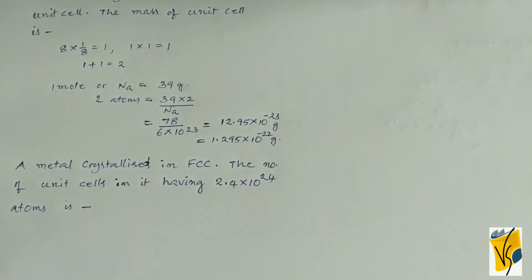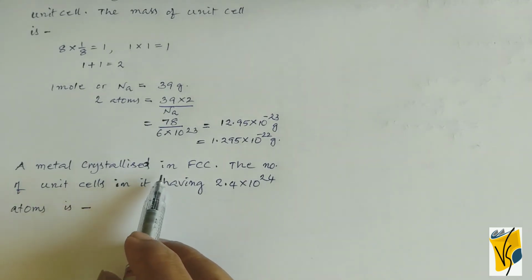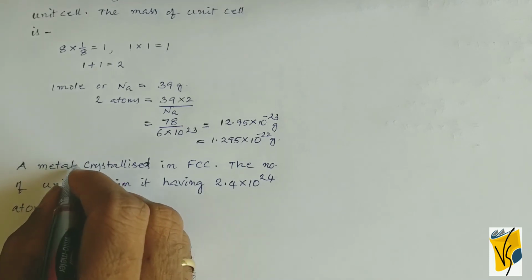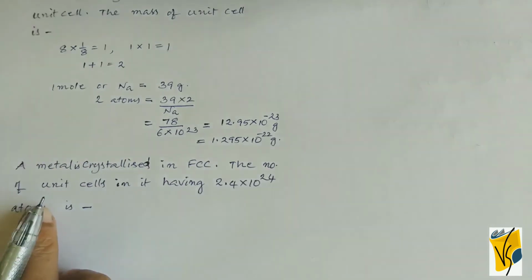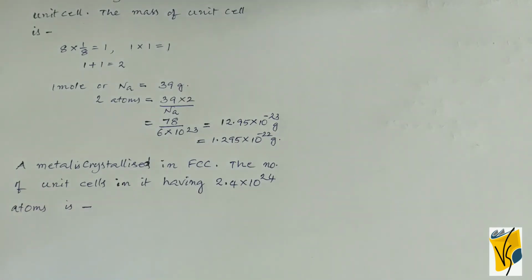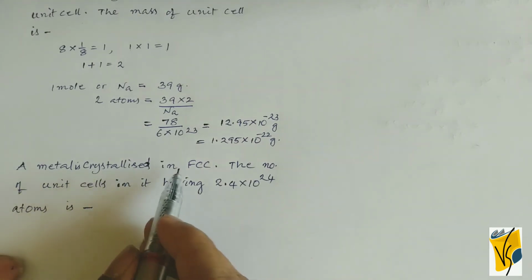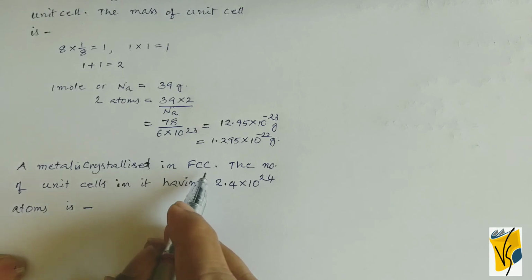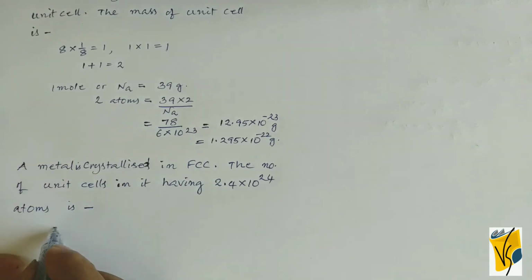Next problem: a metal is crystallized in FCC. The number of unit cells in it having 2.4 into 10 to the power of 24 atoms is? So it is a very simple problem. The metal is crystallized in FCC. So what is the effective number of atoms in FCC?